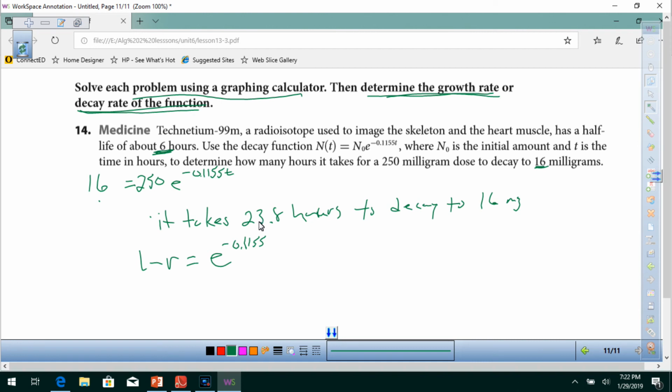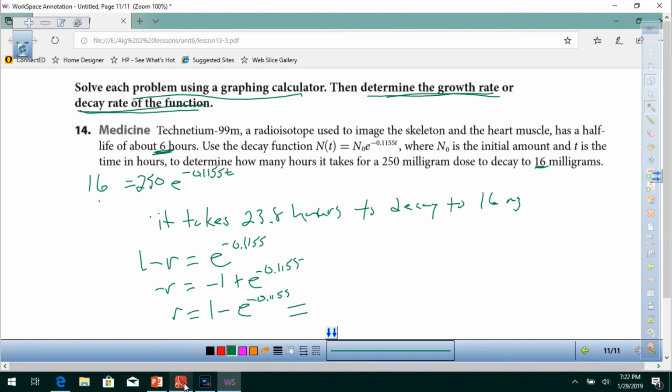Okay, so 1 minus R. Let's do a little arithmetic here. We'll subtract 1 from both sides. We get R equals negative 1 plus e to the negative 0.1155. And then we multiply by negative 1. So we get R equals 1 minus e to the negative 0.1155.